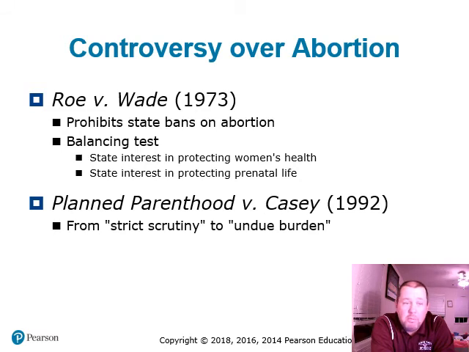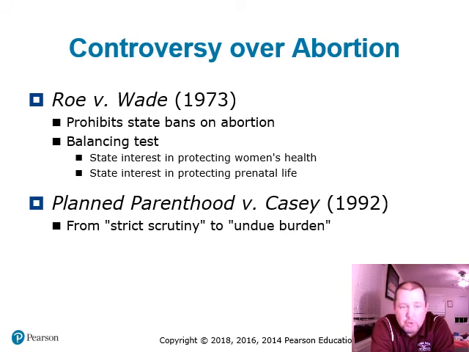And so basically Roe versus Wade says, yeah, you can't outlaw abortions, but it does not say in any way that you can't put limitations on them. And so then ultimately we go from what Roe versus Wade said to a case, Planned Parenthood v.